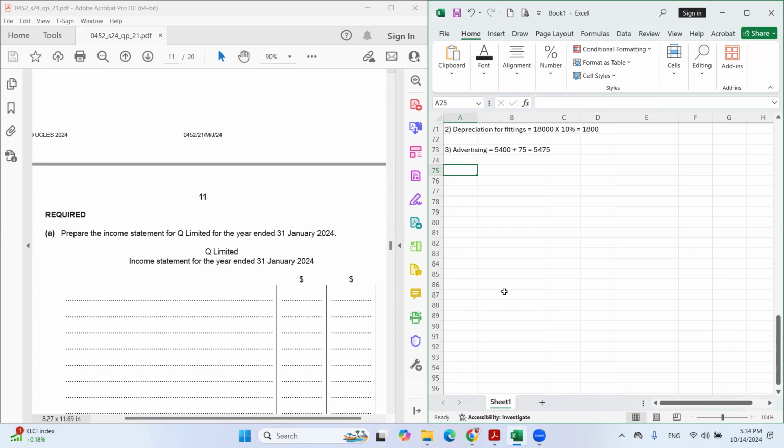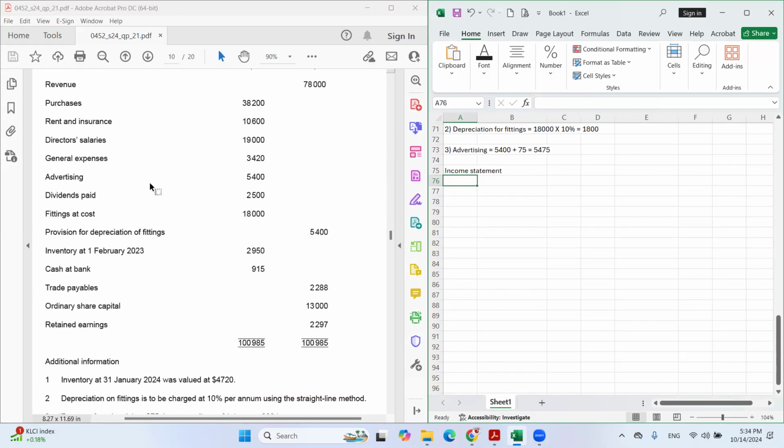Okay, they ask for the income statement. So we prepare the income statement. Let's see what the items are. The 4 sections for the income statement: revenue, cost of sales, and other income and expenses. So this one, revenue, less cost of sales.